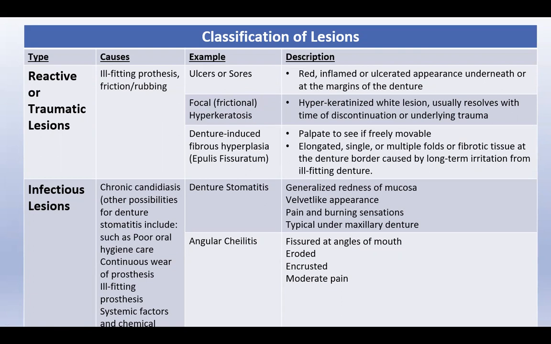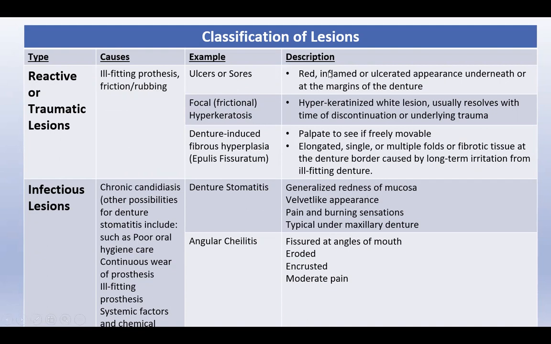And then there's the denture-induced fibrous hyperplasia, or the epulis fissuratum. That is that very classic one, it usually happens up in the vestibule, and it's when the top ridge of the denture is rubbing up in the vestibule, and that creates a fibrous hyperplasia, and there's a picture of that.